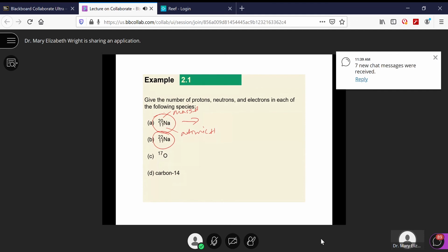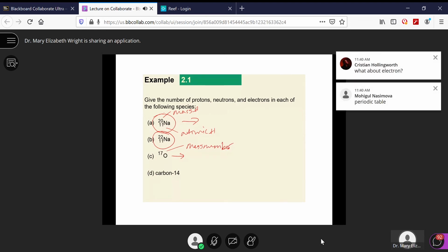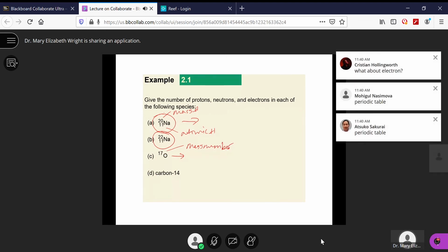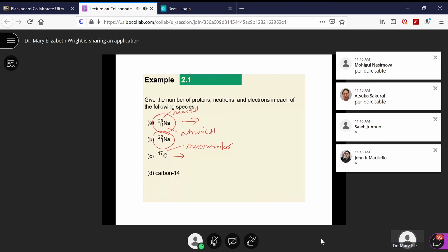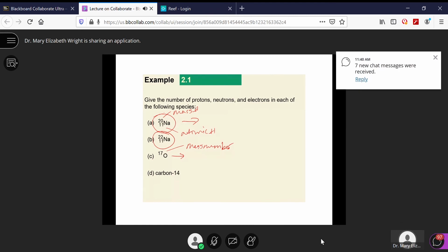Now also pay attention to the fact that for the next couple of problems, C and D, we have a new notation here. Here we're just given the mass number. How are we going to figure out how many protons oxygen has? How are we going to figure out what the atomic number is here? In a neutral atom, the number of protons is always the same as the number of electrons, so for B, it's again 11 electrons.